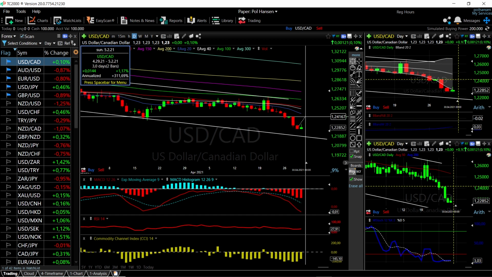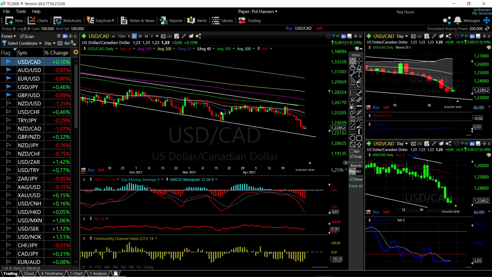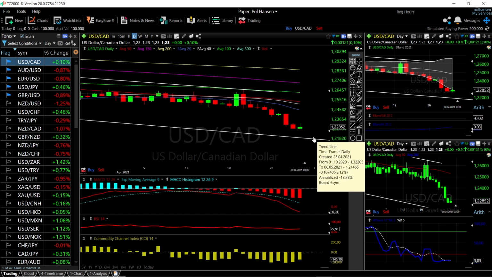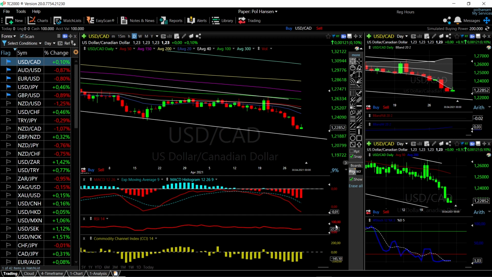So a pullback towards the 20 exponential could be expected before continuing lower. This could also be as low as we go, but in the past it has broken towards this support line. It's not a guarantee that that will happen because we are oversold and overstretched here, and usually it snaps back towards resistance when that occurs.